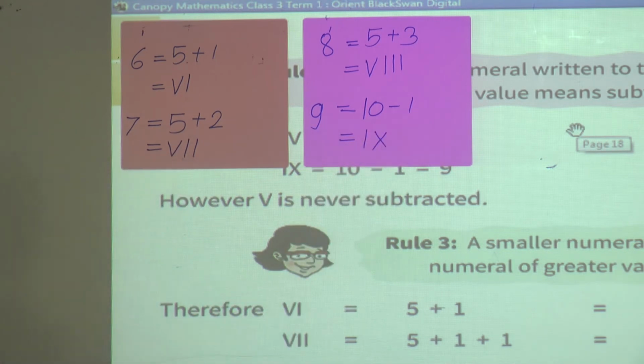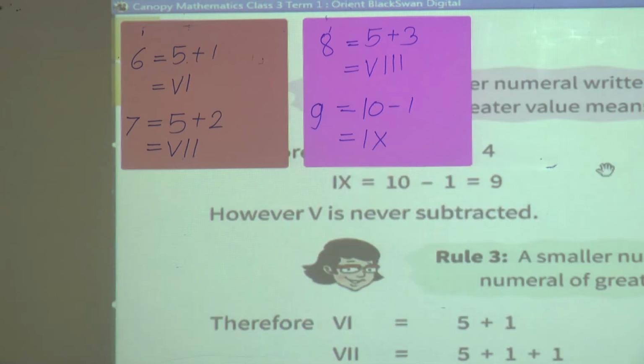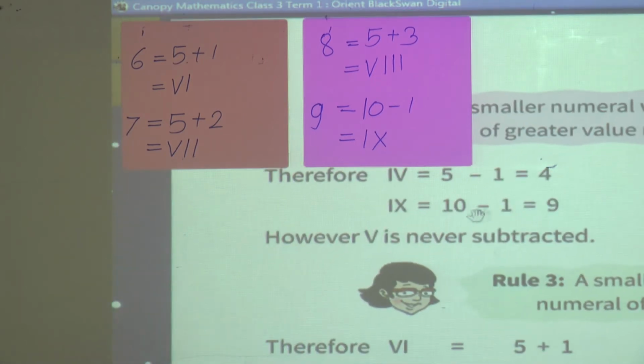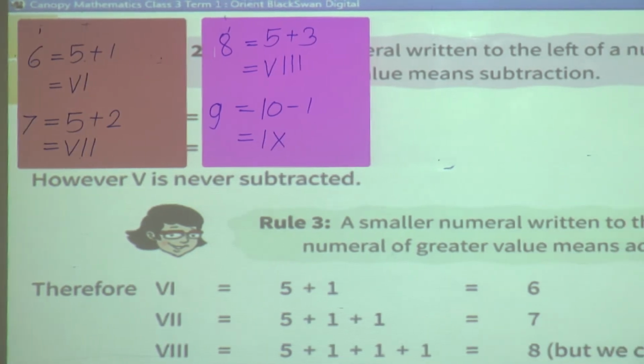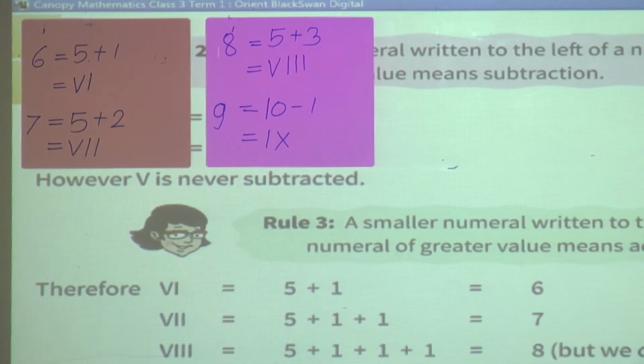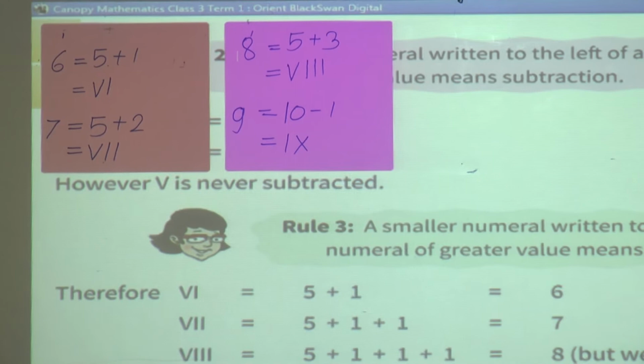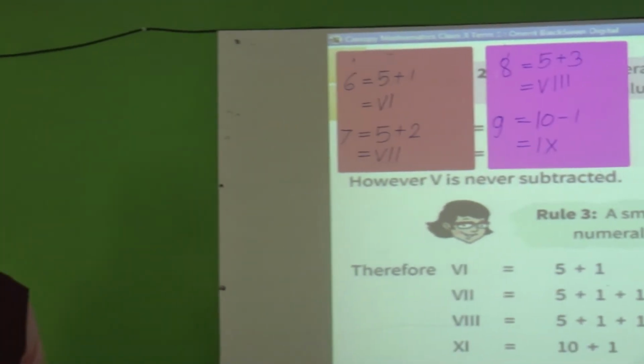Do you understand? Okay. Now see here, as I told you, IX is equal to 10 minus 1 is equal to 9. But V is never subtracted. We cannot subtract V. Now children, we have seen 2 rules. First rule was we can repeat I till 3 times, not more than that.